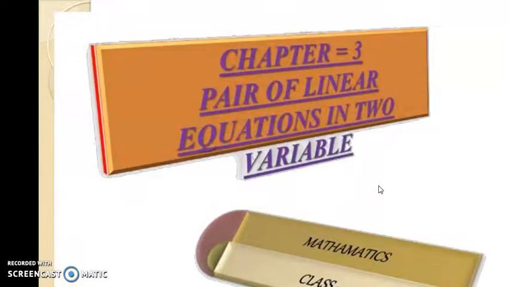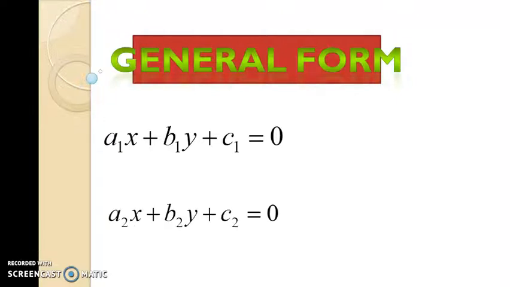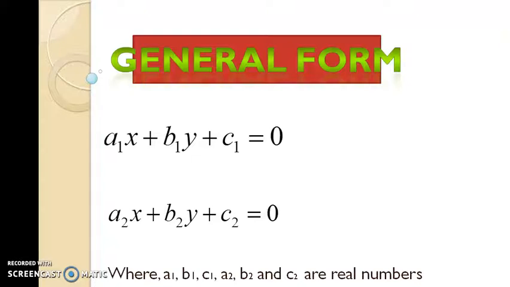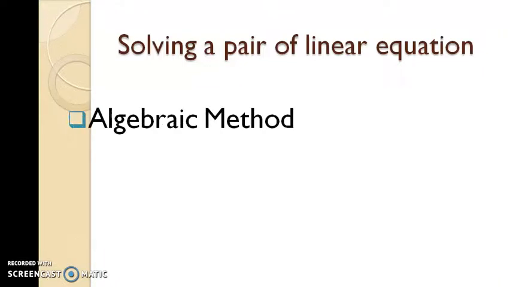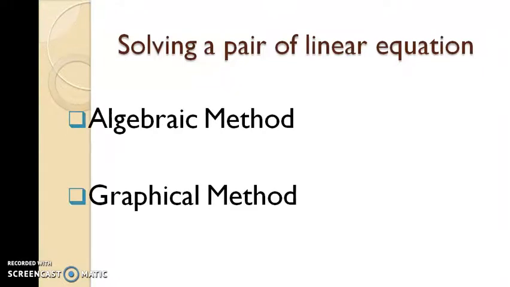So our topic is pair of linear equations in two variables, and the general form of the linear equation is a1x plus b1y plus c1 equal to 0 and a2x plus b2y plus c2 equal to 0, and here a1, b1, c1, that is all the coefficients, are real numbers. And solving a pair of linear equations, two methods are available: one is the algebraic method and another one is the graphical method.